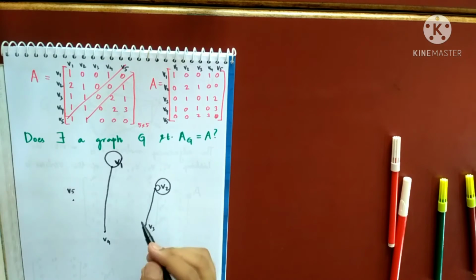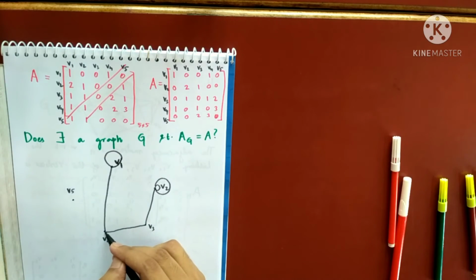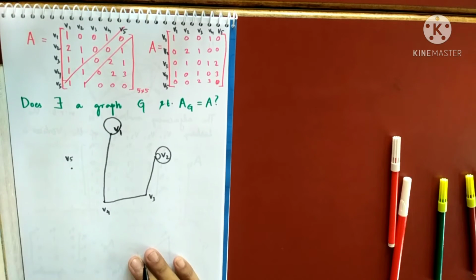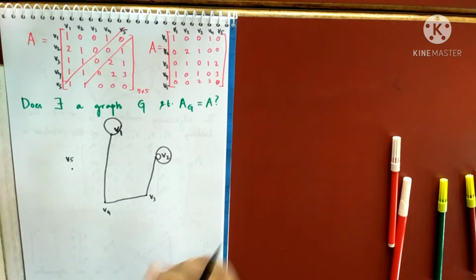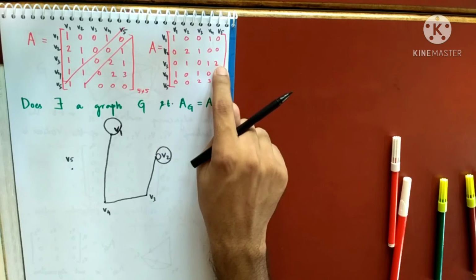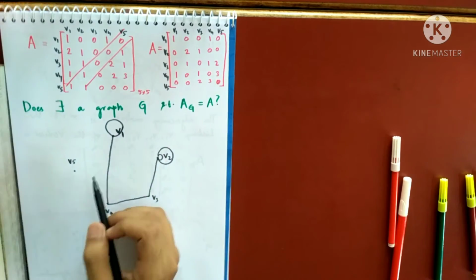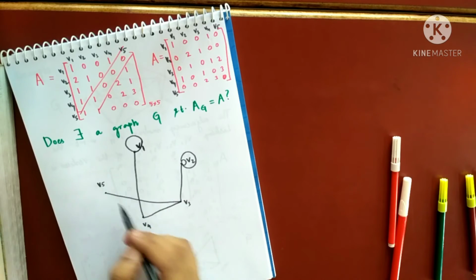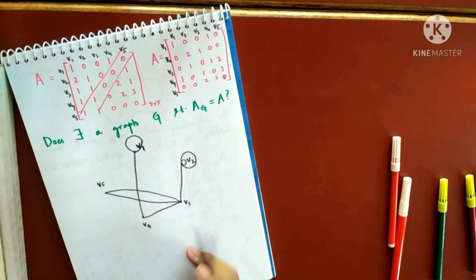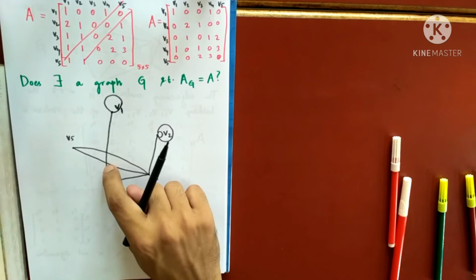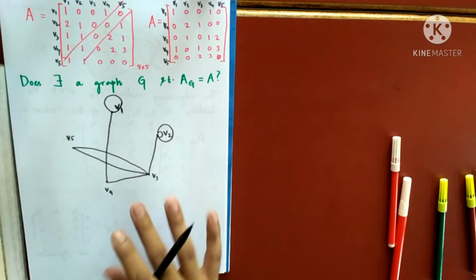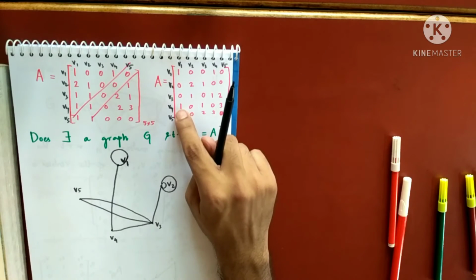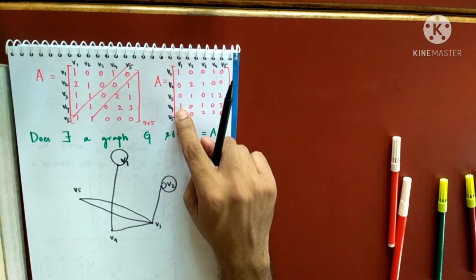V3 to V4 is 1, and V3 to V5 is 2. So there are two parallel edges like this. This is not a vertex, it's just an intersection, nothing else. And V4, these are already drawn.